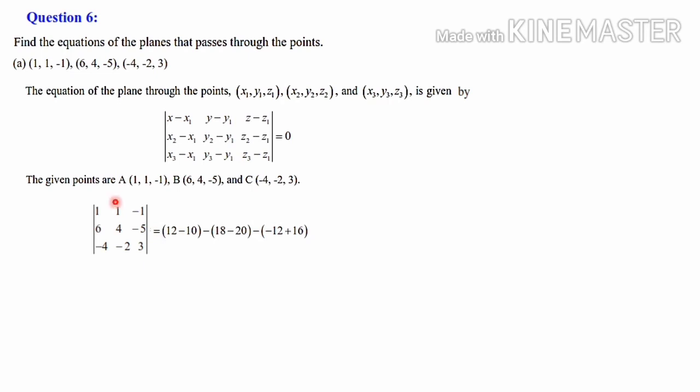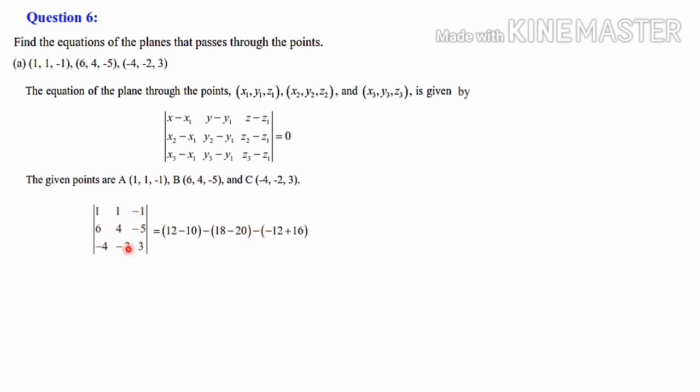Then minus 1 into, that row and column is gone, 6 into 3 is 18, then minus 20. So 18 - 20. Again the actual sign is plus here, but here there is a minus 1, so we have to put minus here. That row and column is gone.